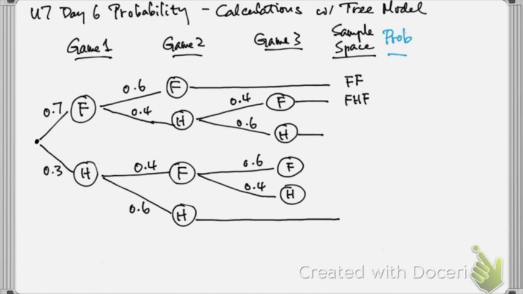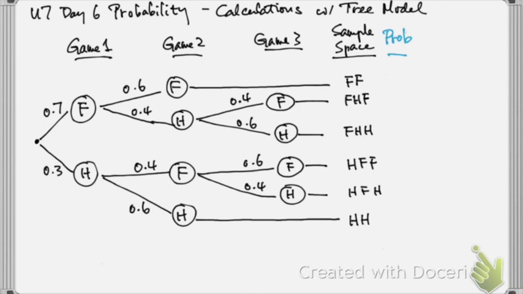And the third one is going to be FHH, each letter signifying which team had won. The next one is going to be HFF. The next one is going to be HFH. The last one, we don't want to see that, but it's a possibility, Homestead, Homestead.